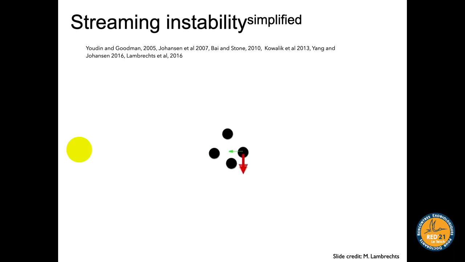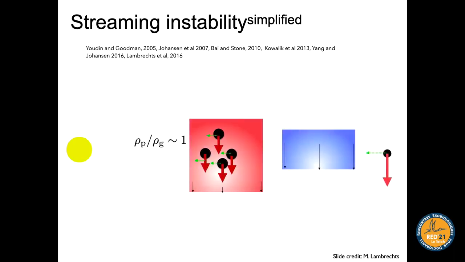So what happens when enough particles are close together, then you have a concentration of solids relative to the gas in the local area. That can actually act to speed up the gas a little bit. And it changes this dynamic. If you have enough of these dust particles, then the dust is actually affecting the gas as much as the gas was affecting the dust.